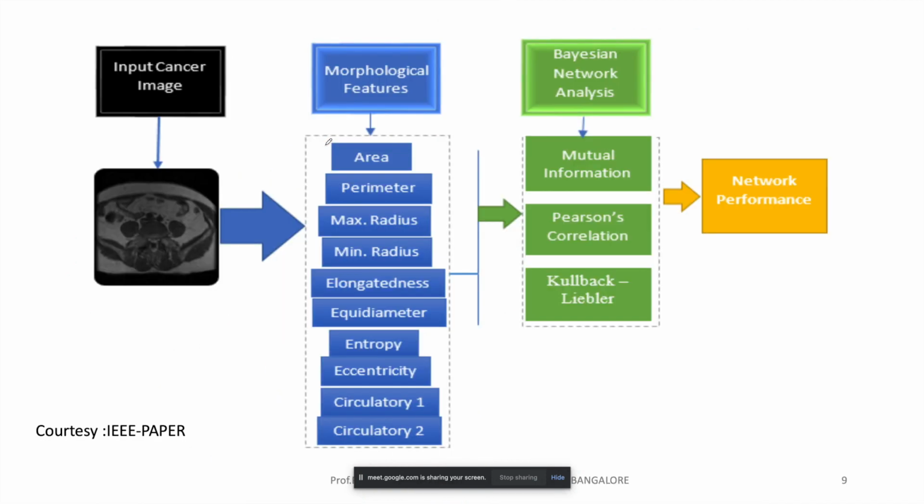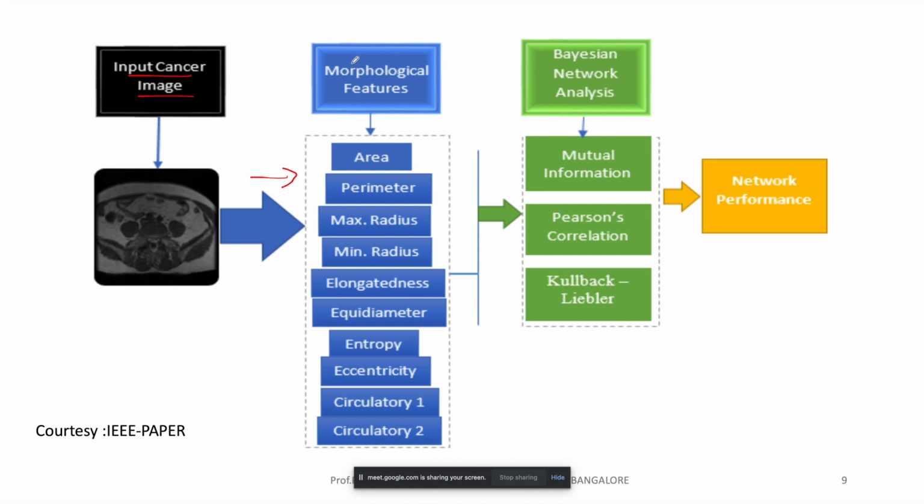Okay, and I have also collected one of the examples from an IEEE paper here. So here also you can see we have input cancer images. Any type of cancer images, if you take it as input, is given to the morphological features stage. In the morphological features, we have dilation and erosion, two types of features, which give us a lot of data.